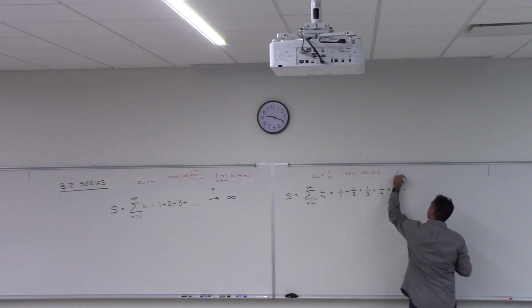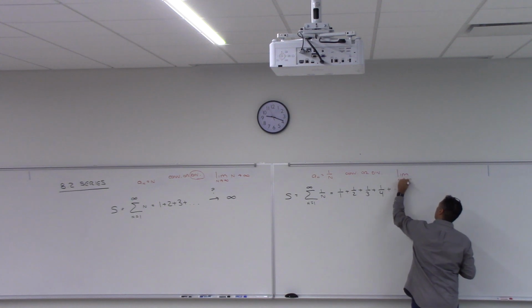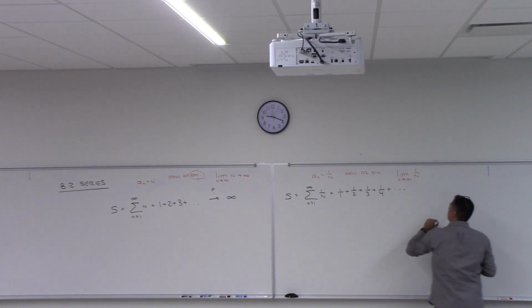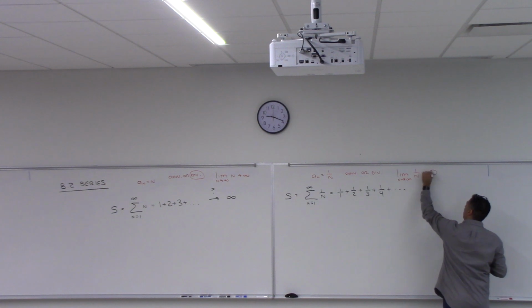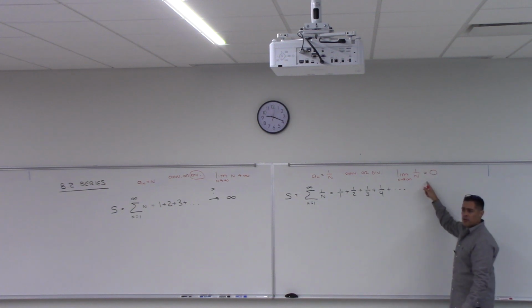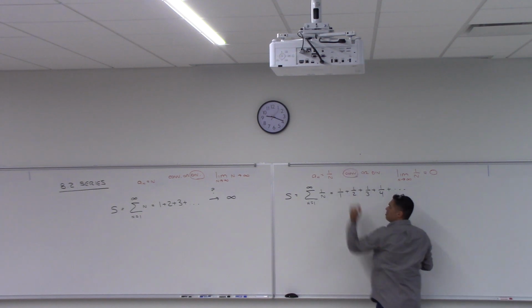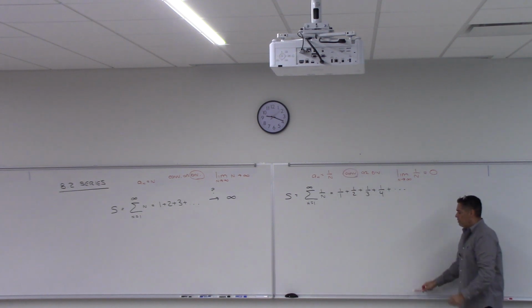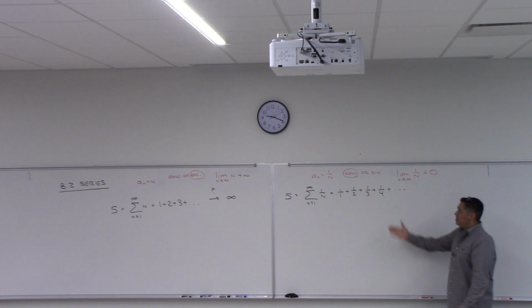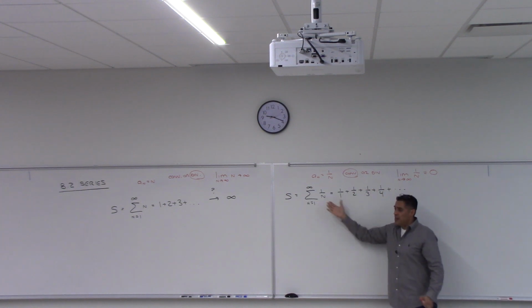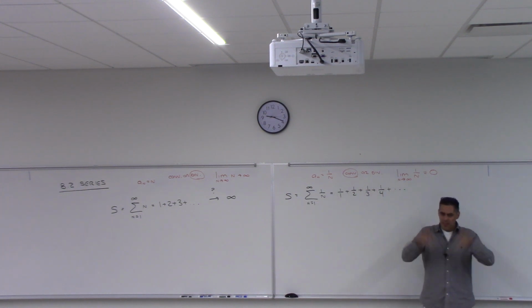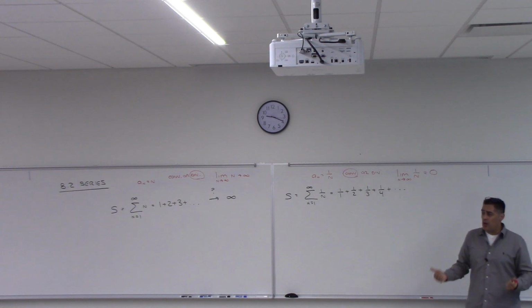Let's take the limit as n goes to infinity of the sequence 1 over n. Where does that go? To 0. So does that converge or diverge? It converges to 0, doesn't it? Now, does the series add up to be a number, or does it become infinite, or what happens? We don't know, do we? Not yet. What is your instinct telling you?